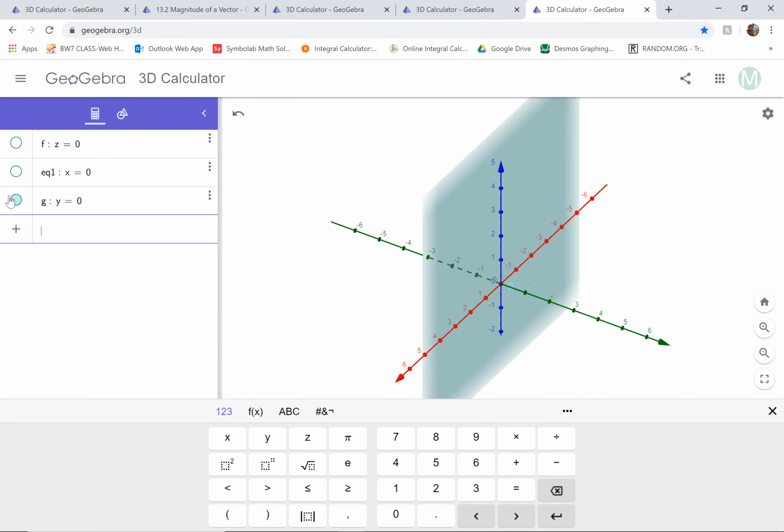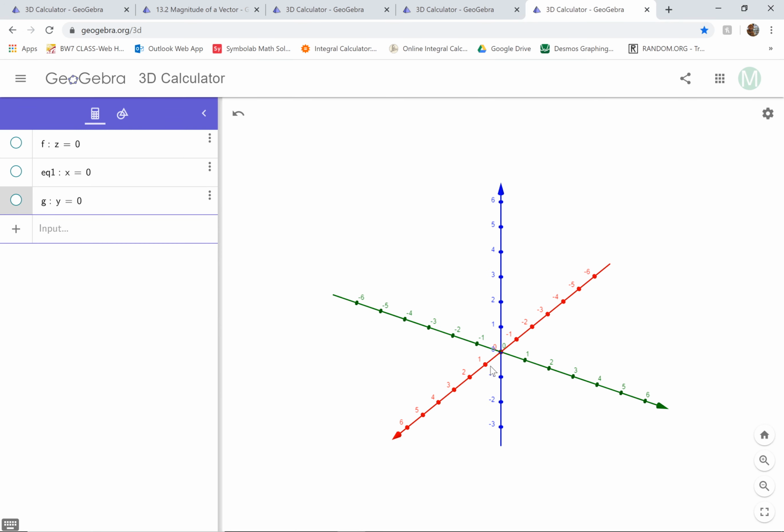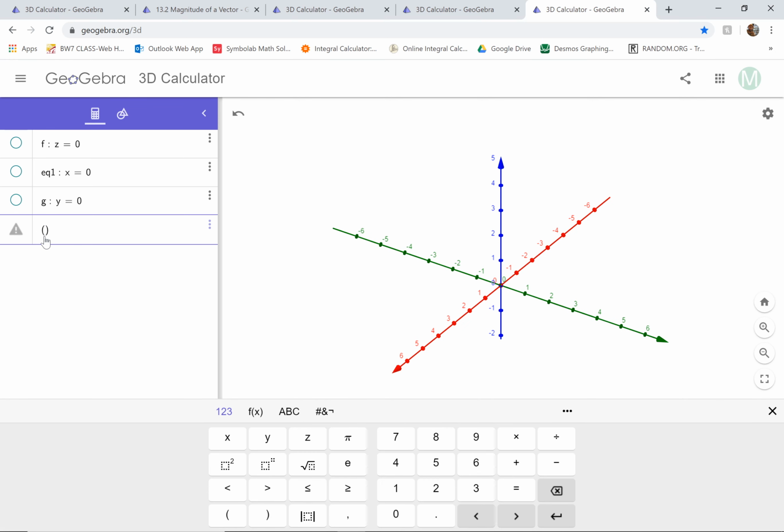So if we look here, we have (1, -1, -4). So 1 in the x direction, then -1 in the y direction, and then -4 down along the z direction. You can see that happening down there.